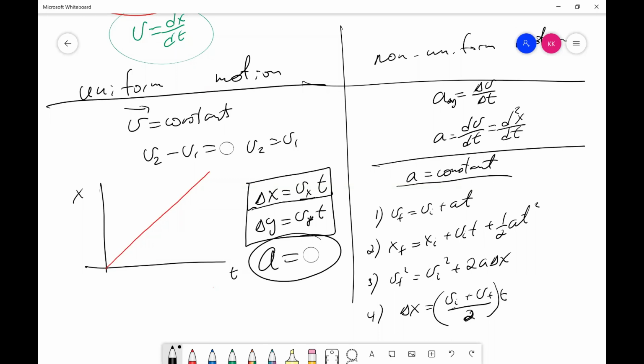So this, in chapter 2, was one-dimensional kinematic motion. But we also learned that the same equations can be applied to two-dimensional motion if you break your motion down into 2 separate components.